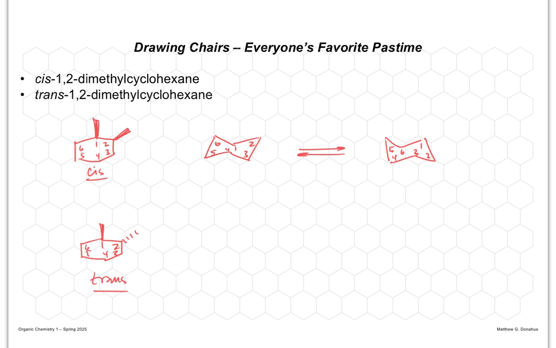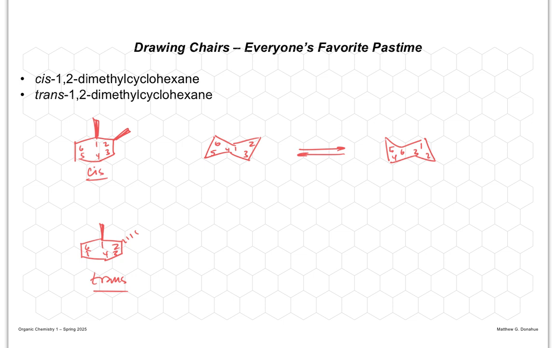And so now we want to put the substituents in. If you consider the red and the blue as methyl groups, if you're looking at it this way, it's flat. So these are both projected towards you. That's what that bolded line means.